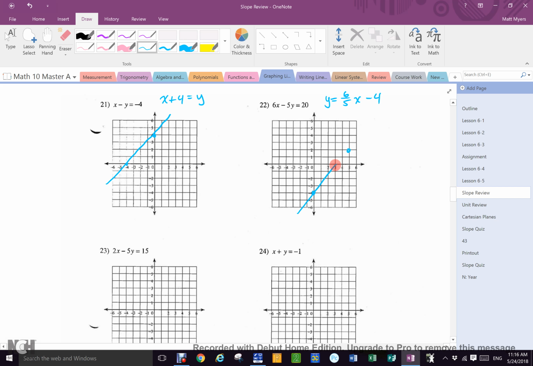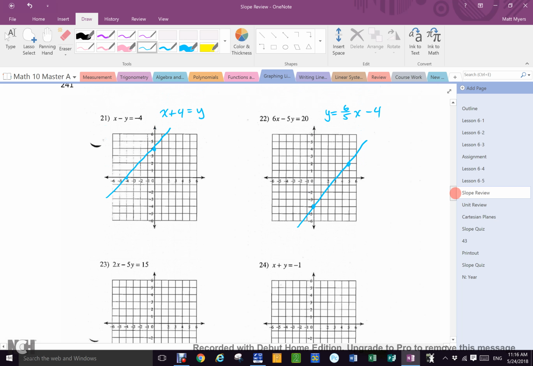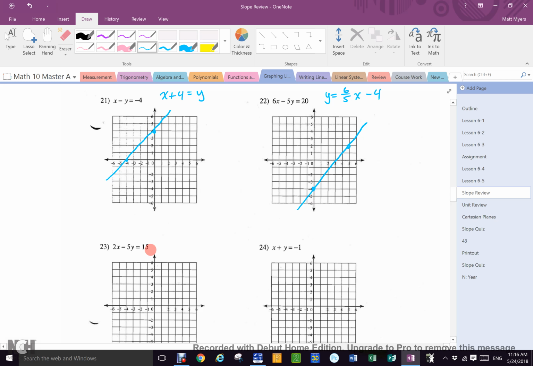Your line should be over there. That is 2/5 x minus 3. Minus 3, up 1, 2 over 5. That should be your line there.